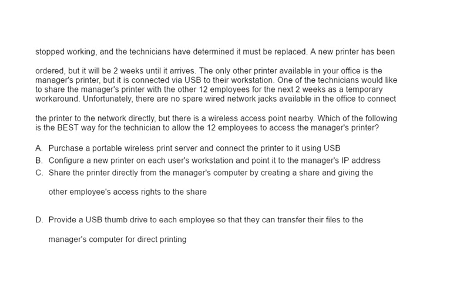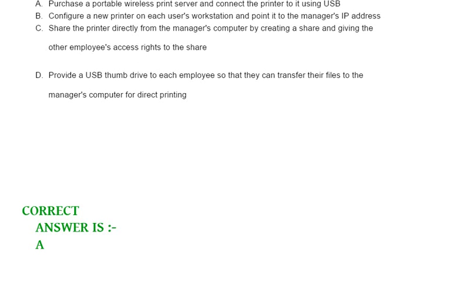Option C. Share the printer directly from the manager's computer by creating a share and giving the other employees access right to the share. Option D. Provide a USB thumb drive to each employee so that they can transfer their files to the manager's computer for direct printing. Correct answer is option A.